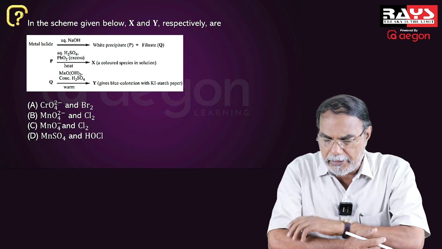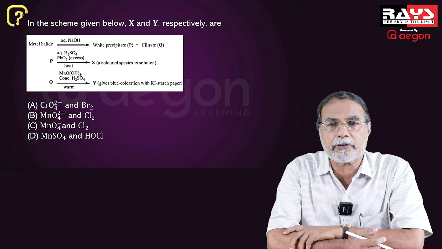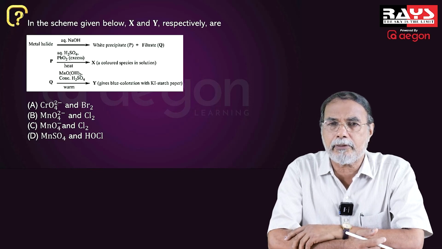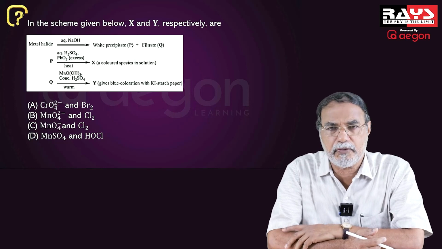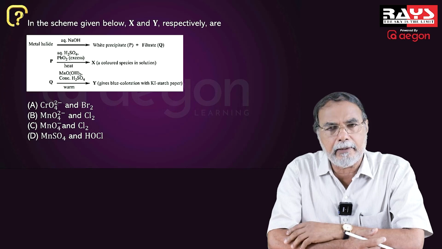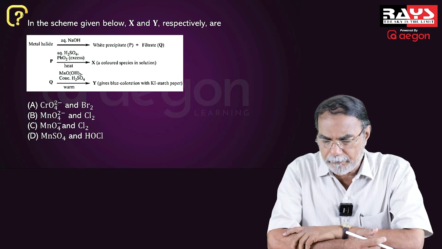So if you go through the reaction scheme, if you are thorough with the qualitative inorganic analysis, the practical chemistry relating to salt analysis, which you do in the chemistry laboratory, you can easily answer this question.